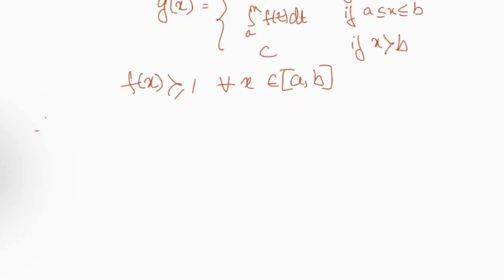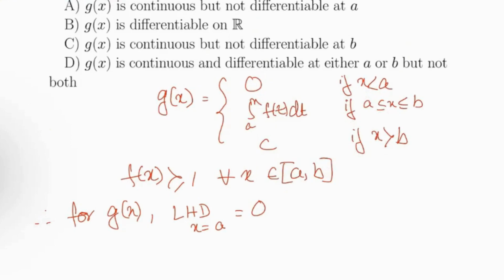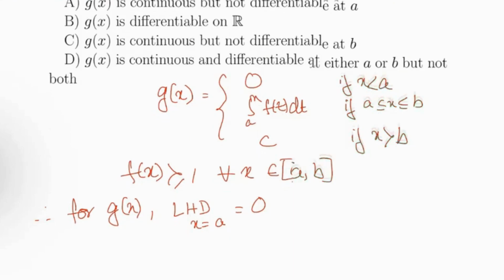So therefore, for g of x, the left hand derivative at x equals a is 0, because g of x is equal to 0 when x is less than a. So if you differentiate that, you'll get 0.